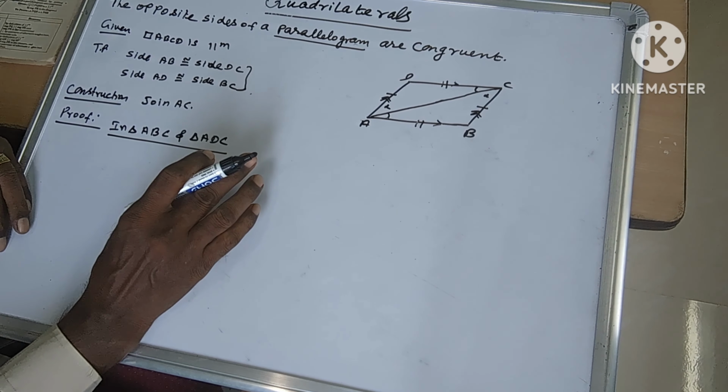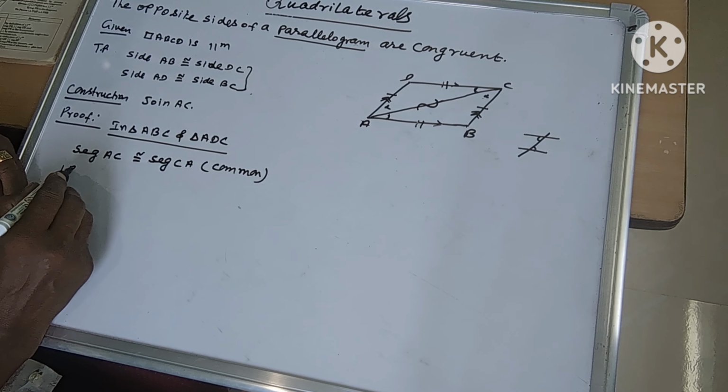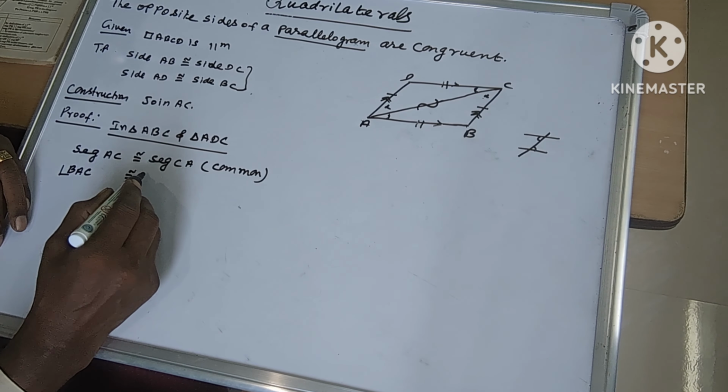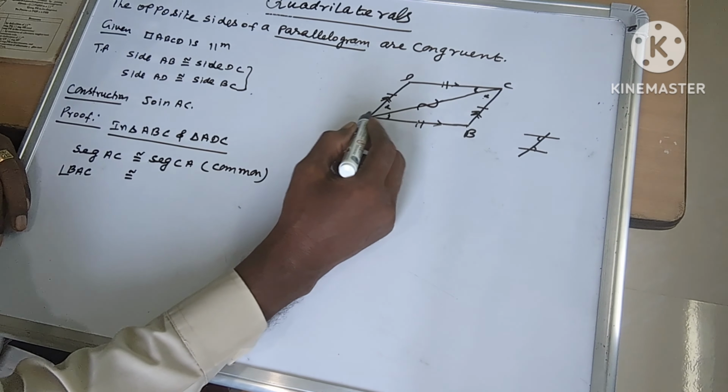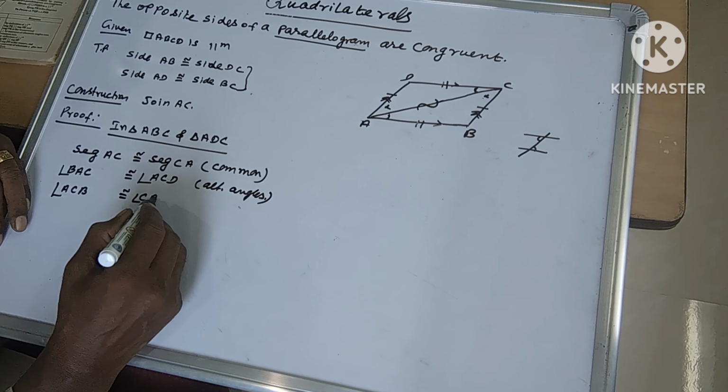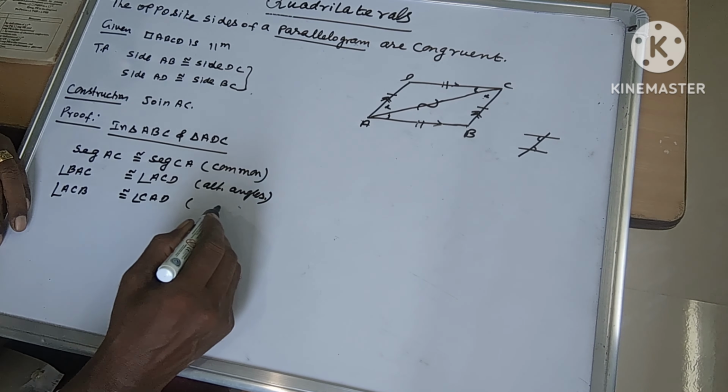So angle BAC is congruent to angle ACD, alternate angles. Next, angle ACB is congruent to angle CAD. This also is set.